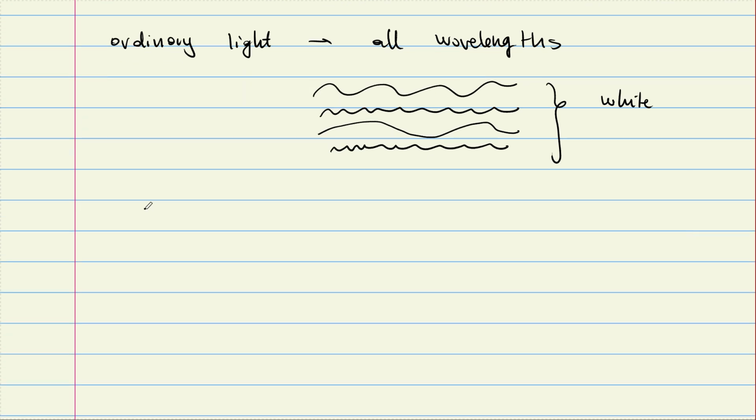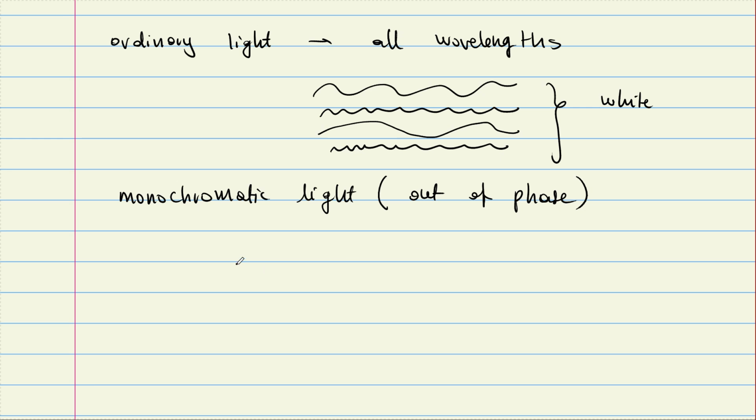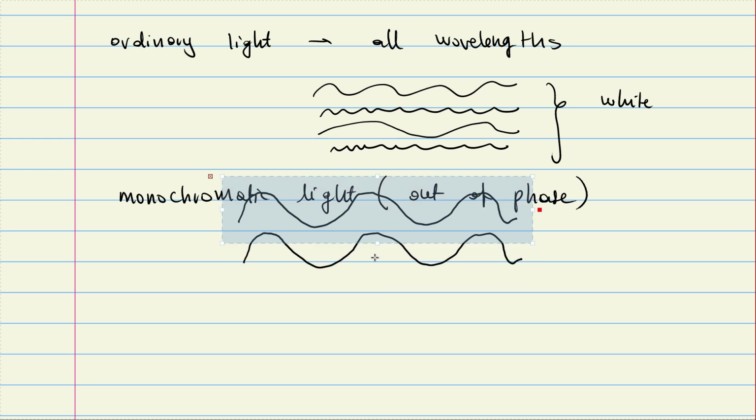So we can have monochromatic light. Let's start with out of phase. What this means is I have some light. It's like one photon, and there's a second photon.